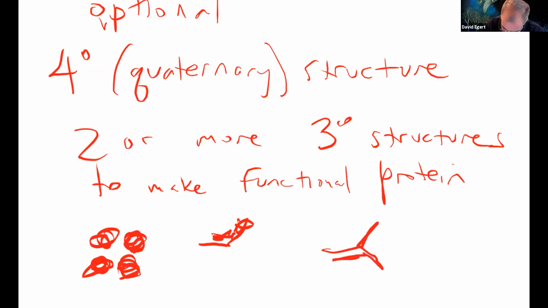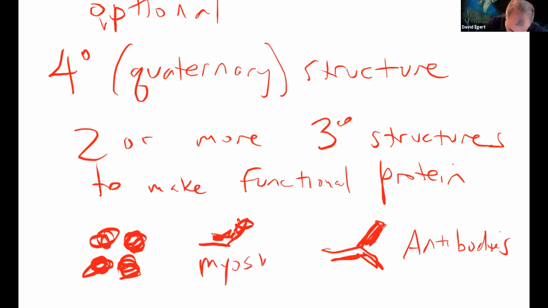And antibodies that are part of your immune system. These are all examples of complicated proteins that have more than one third order subunit put together to make the actual functional protein.